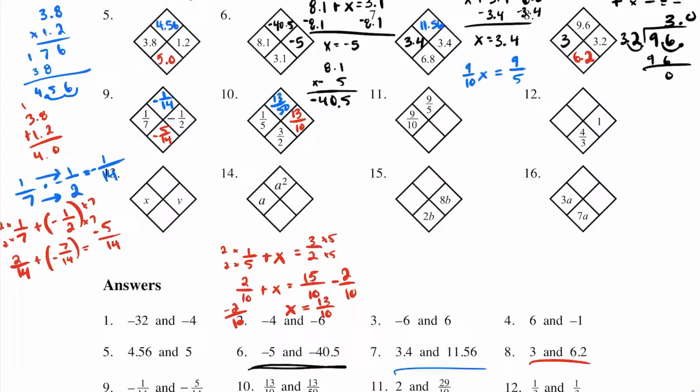I don't know if you guys remember, but when we were solving these equations, whenever you have a fraction as your coefficient to your variable, in order to solve for the variable, you must multiply your fraction by its reciprocal, right? So the reciprocal of 9 over 10 is 10 over 9. So I'm going to multiply by the reciprocal in order to cancel these out and leave x by itself.